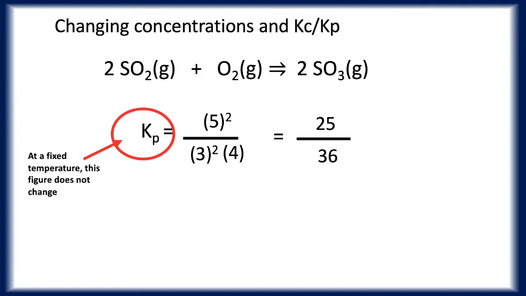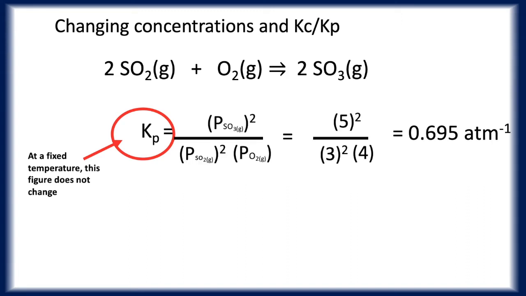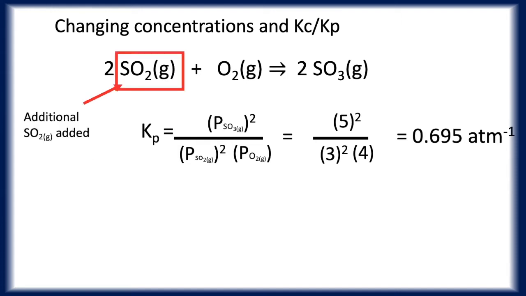If I do that, it becomes 25 over 36, which is 0.695 atmospheres to the -1. So this is just an example of what Kp could be at a certain temperature. So that's the full working out there, just to remind us.